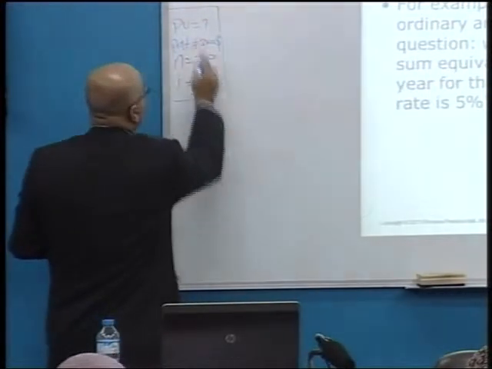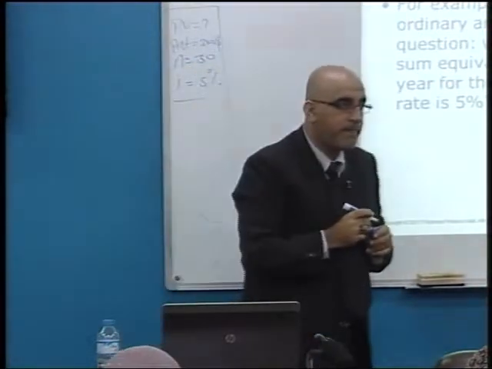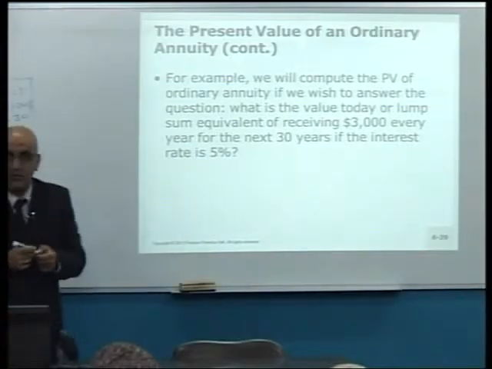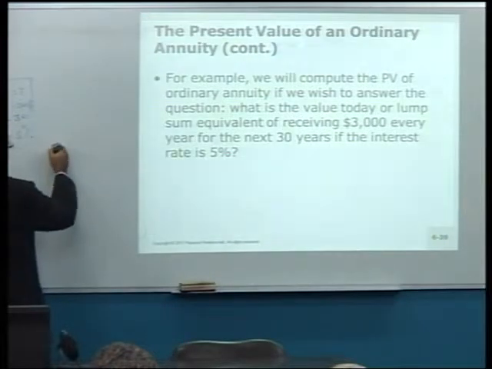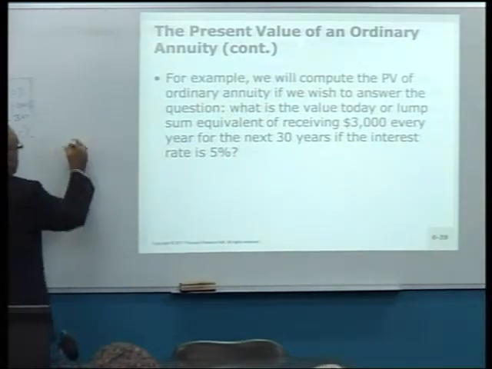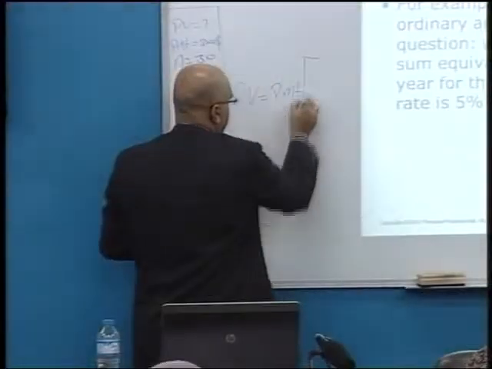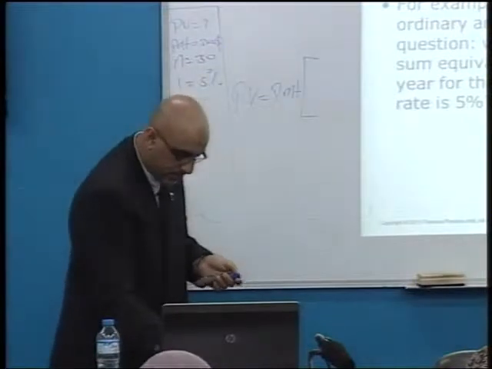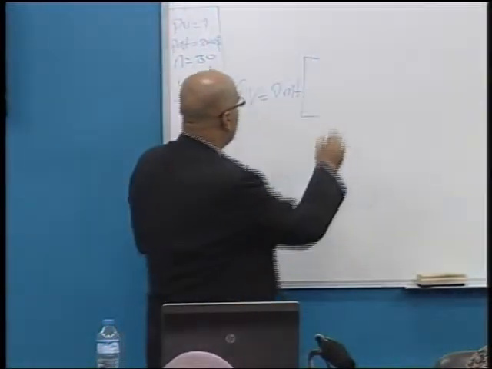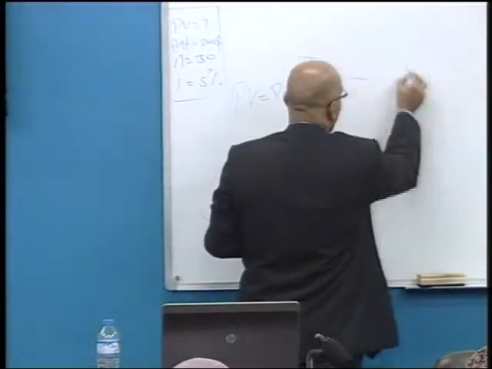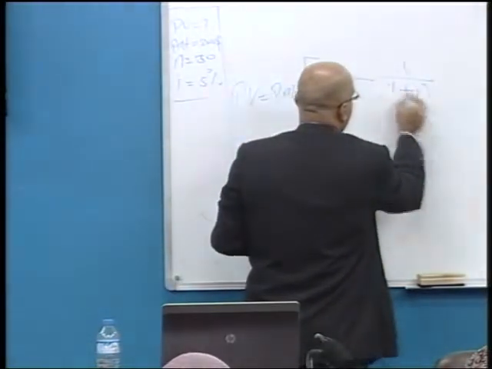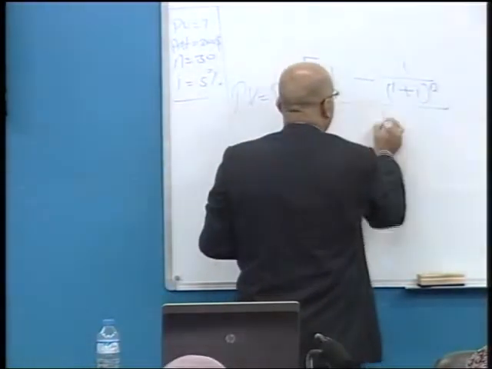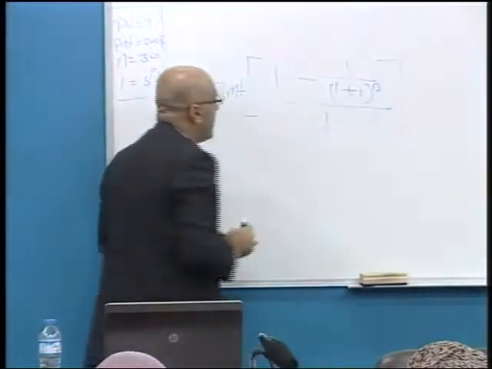So I'm asking about the present value. How can we sort this out? We can apply this equation: present value is equal to payment, in the brackets, 1 minus 1 divided by (1 plus i) raised to the power n, divided by i, and close the brackets.